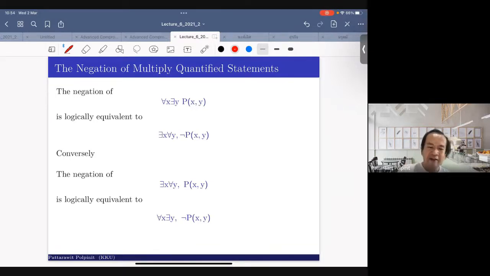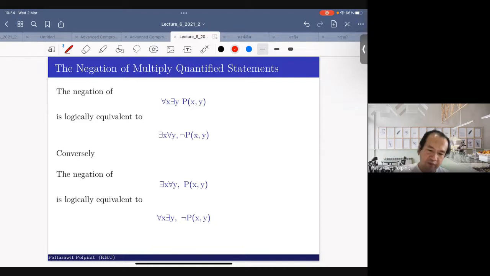This one is similar to the negation of a single quantifier statement, but here you have at least two quantifiers.